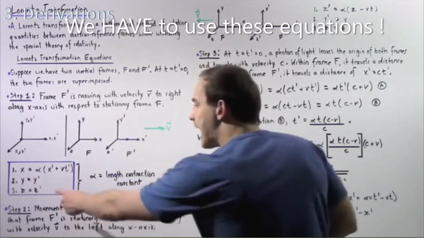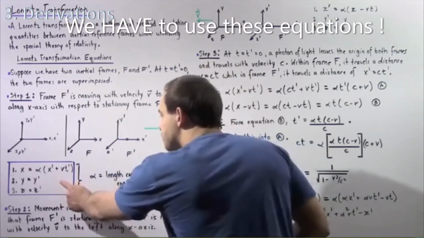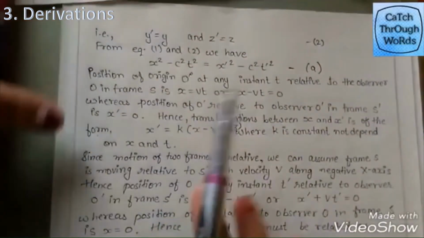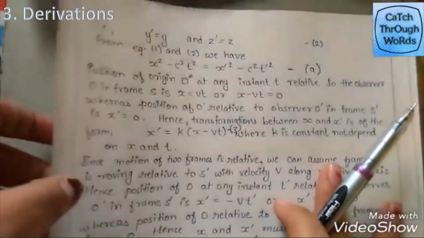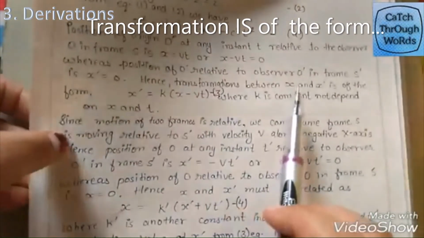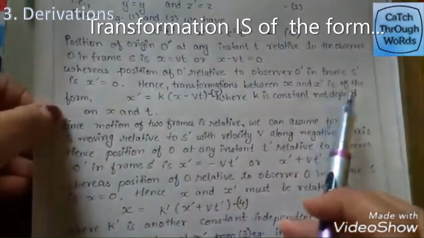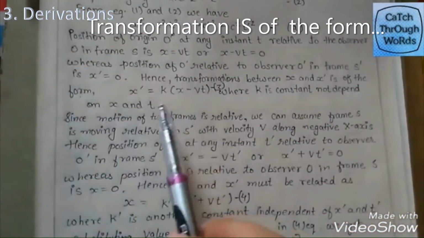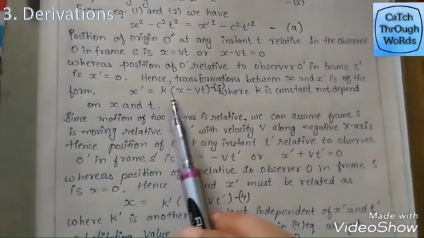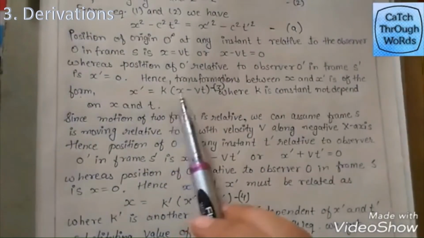To do it, we have to use these equations. So now, moving on, the transformation between x and x dash is of the form x dash is equal to k times x minus vt.